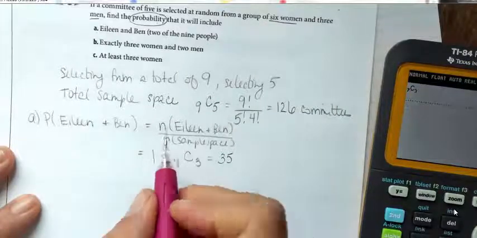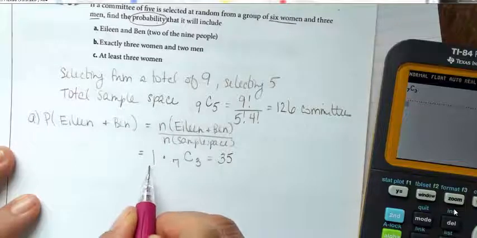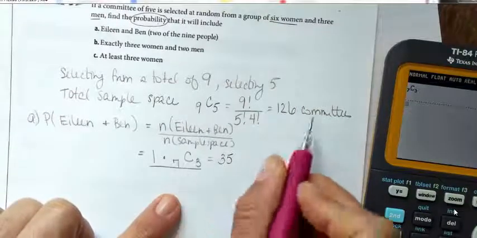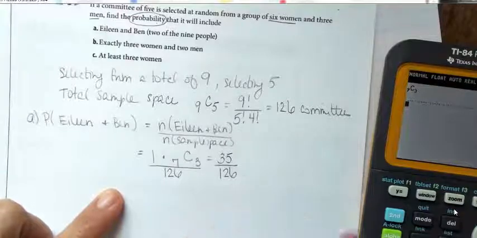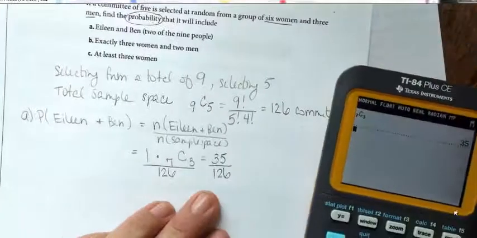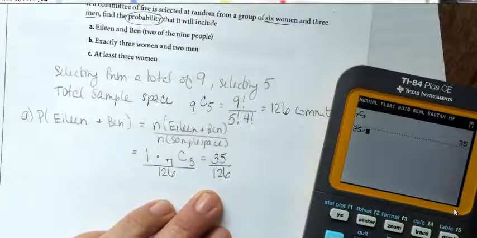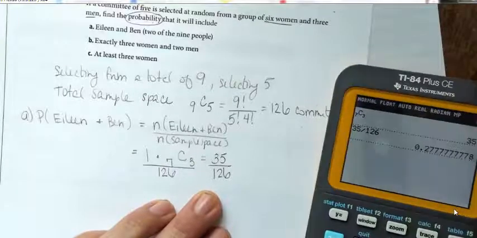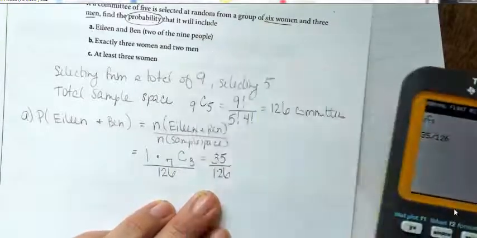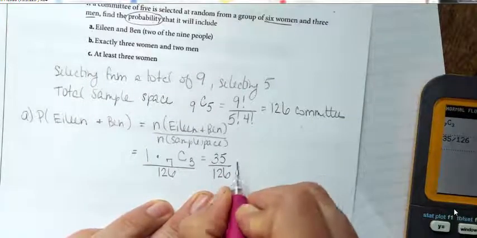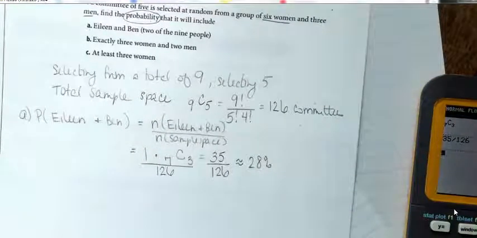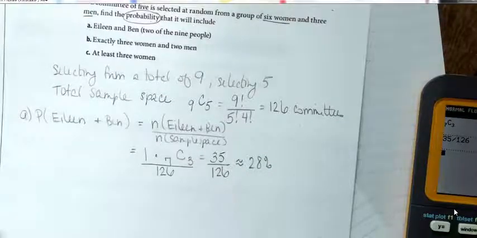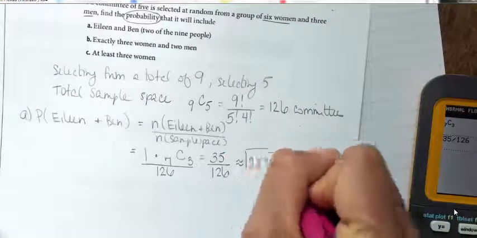Okay, so this is the top, and then on the bottom, my number of sample space is 126. So I'm just going to put that on the bottom, because I'm calculating probability. And then 35 divided by 126, I get about 27.777%, or how about we go with about 28%. All right, so that's A.